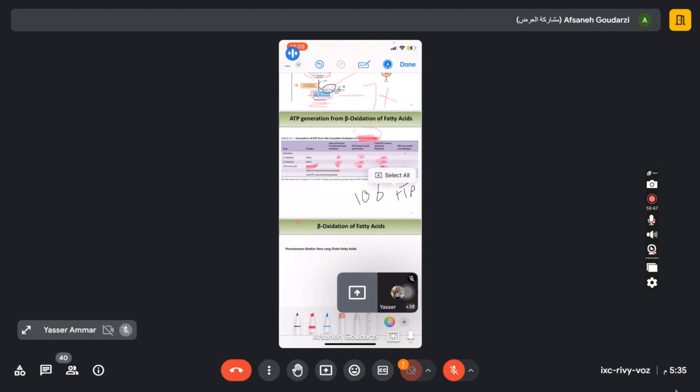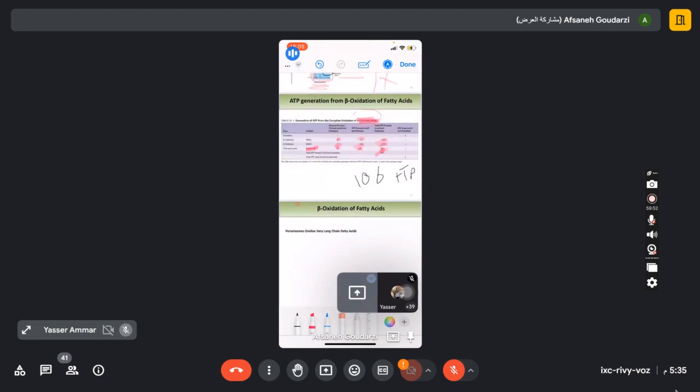Okay, regarding the beta oxidation of fatty acid, this was about the 16 carbon fatty acid. Imagine that we have a very long chain fatty acid, for example, 26 carbon or 24 carbon.